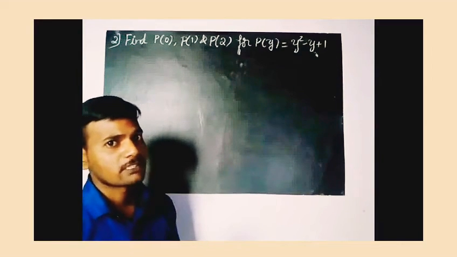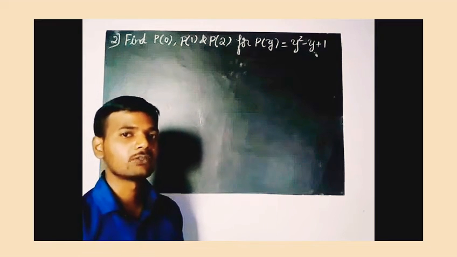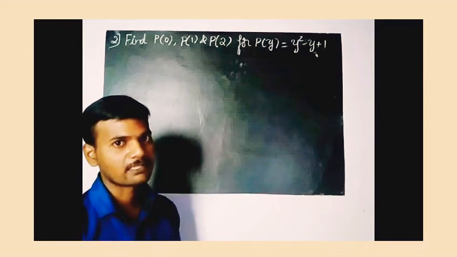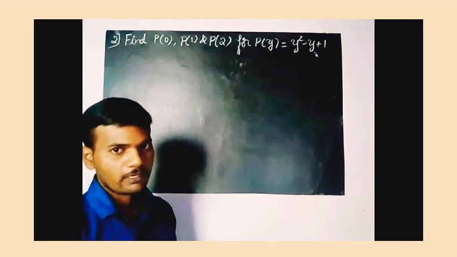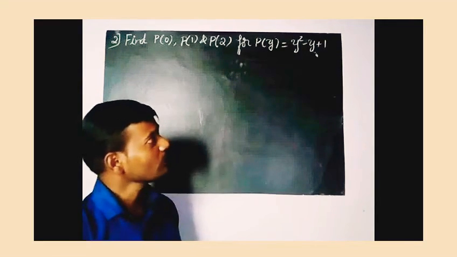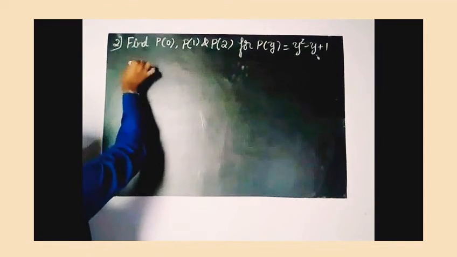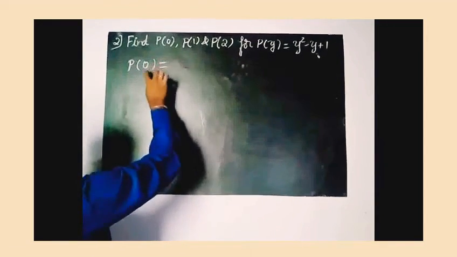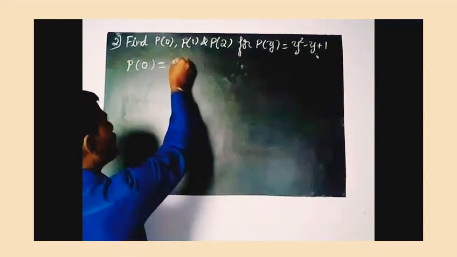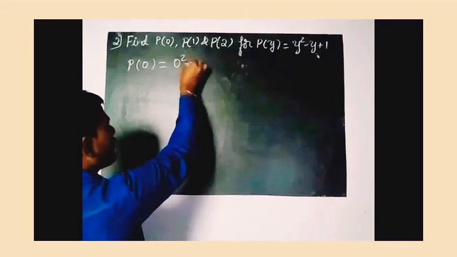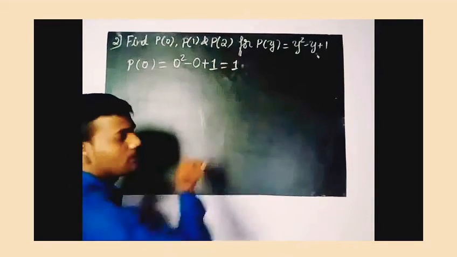First you have to give the value of y as 0, and next y as 1 and 2, and like this you have to substitute the values in the polynomial for the variable y. Okay, let me find the value of p of 0. P of 0 means in the place of y you have to put 0. 0 square minus 0 plus 1, the value becomes 1.